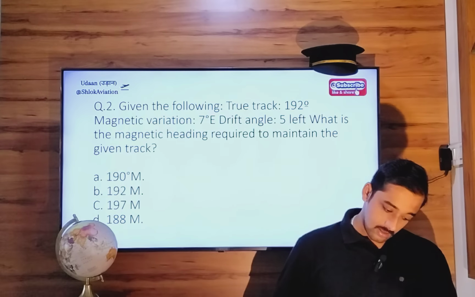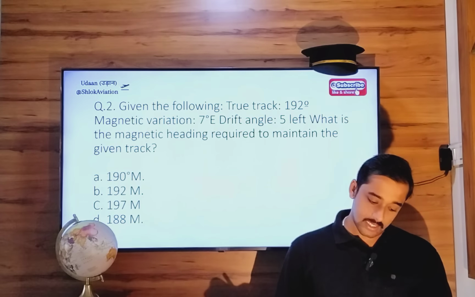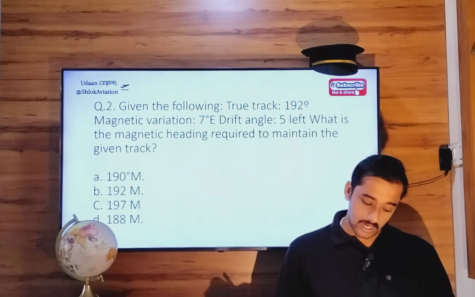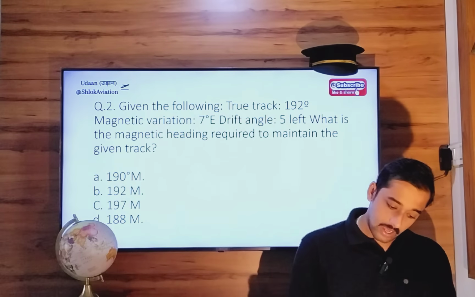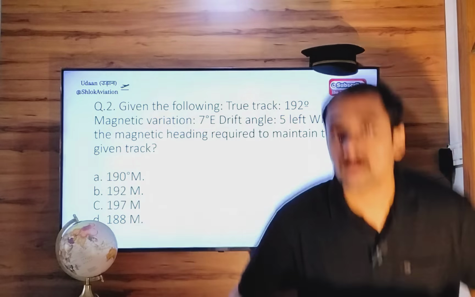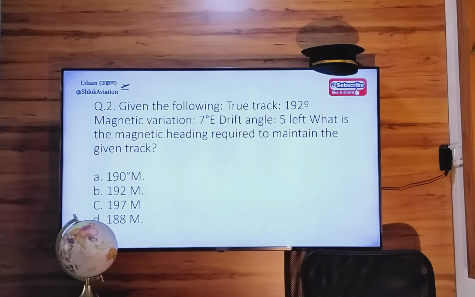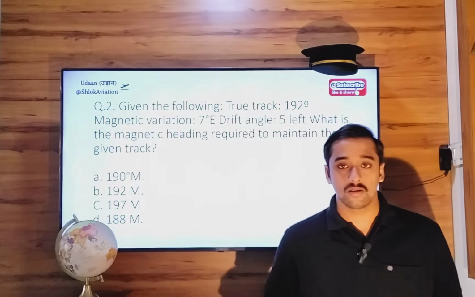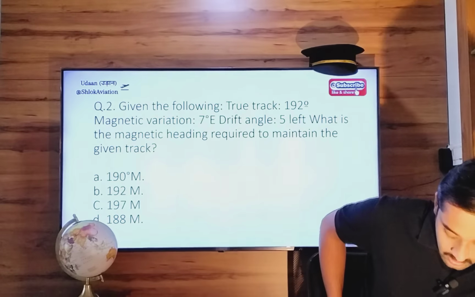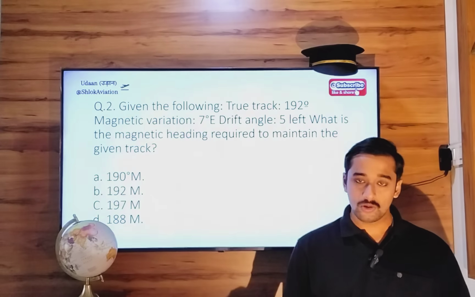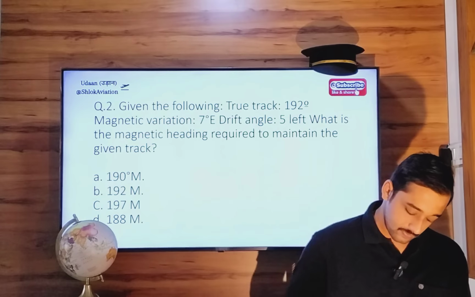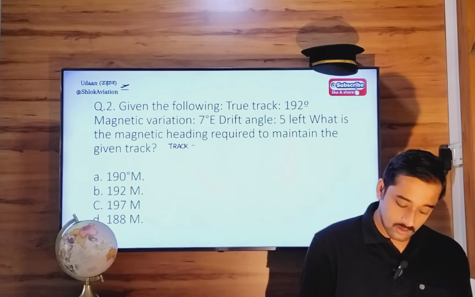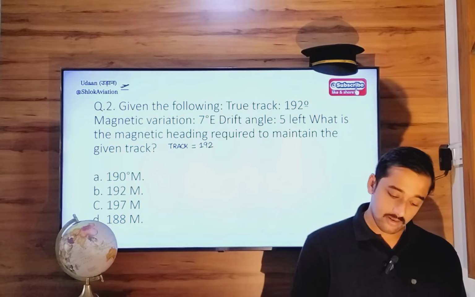Next. Given the following conditions, true track is given, variation is given, drift is given. What is the magnetic heading required to maintain the given track? Now you have true track 192 and drift is 5 degree left.